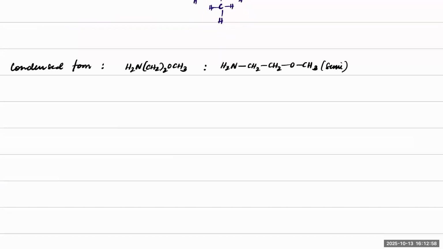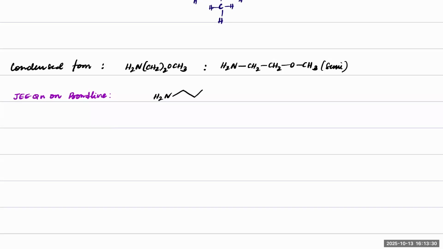How do we write the bond line form in that case? This is the question JEE has asked, last year's JEE question, important. JEE question on bond line. This is a part you have to revise a lot. The same thing is written like this: H2N, one line here, that represents two carbons.